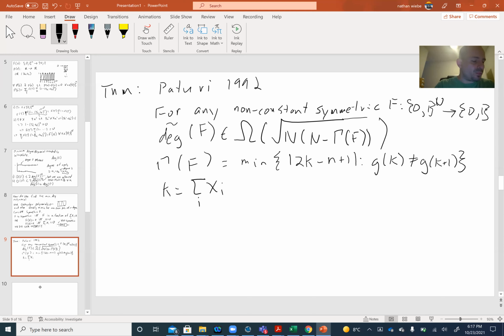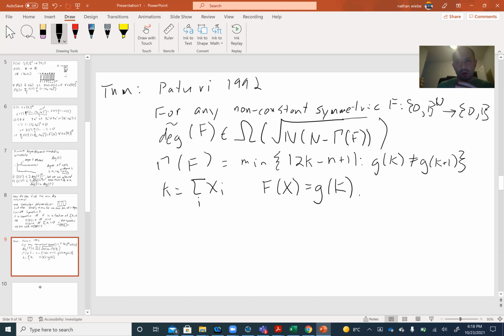And the function g here is defined such that f of x is equal to g of k for a symmetric function. Okay, so this is the result of Paturi.